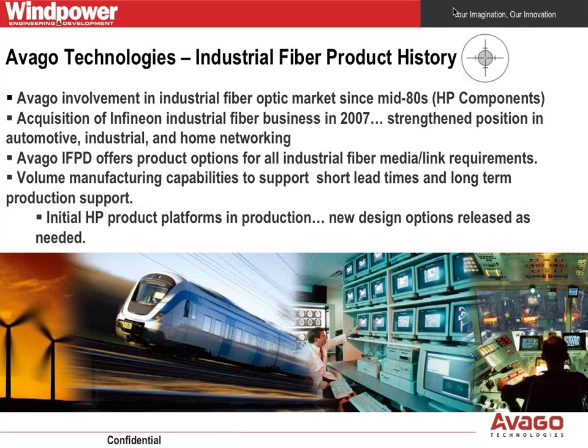It strengthened our position in support of automotive networking, industrial, as well as home networking applications. As part of Avago Industrial Fiber, we offer products that support all the different fiber media and link requirements. So we can support plastic optical fiber, hard clad silica, and glass fiber across many different link distances.